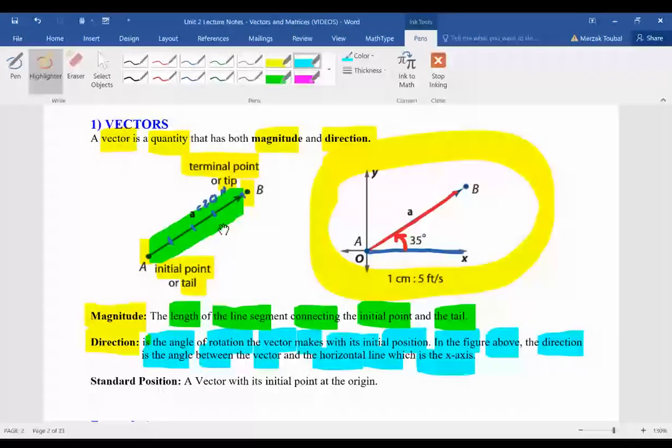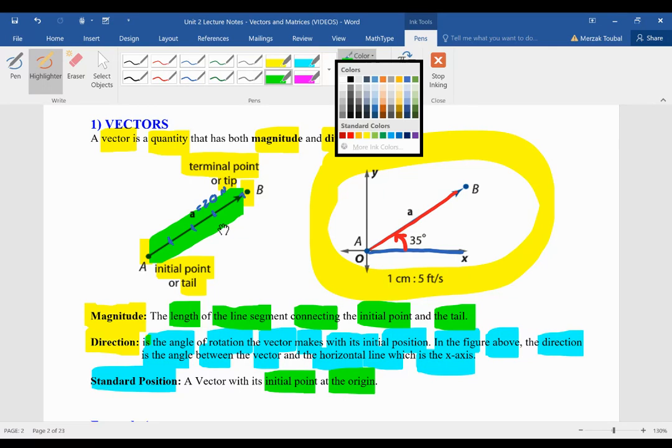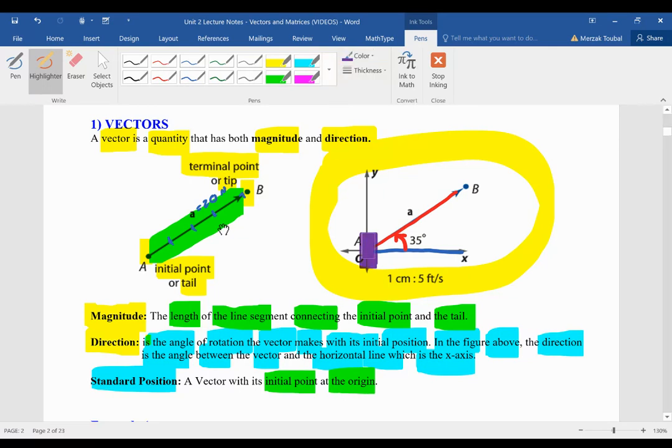We say that a vector is in standard position if the initial point of the vector is at the origin.